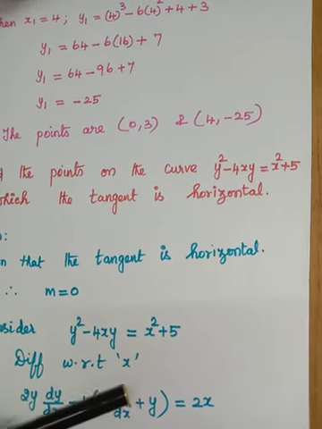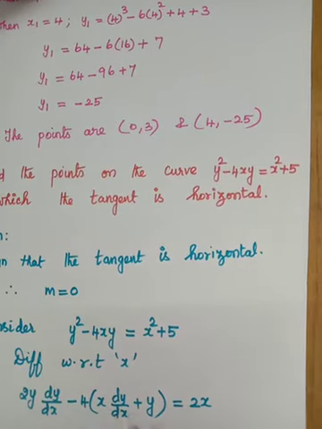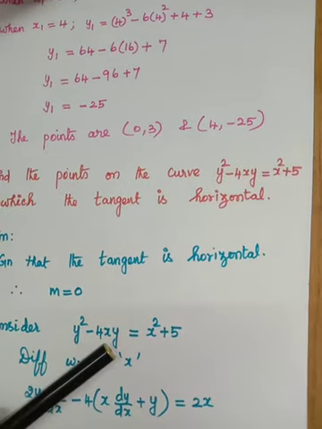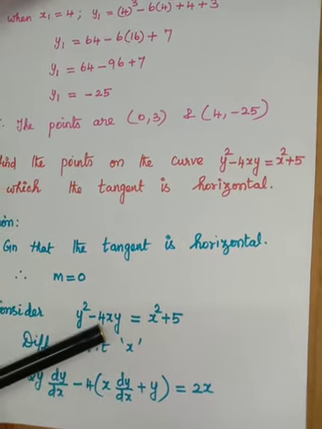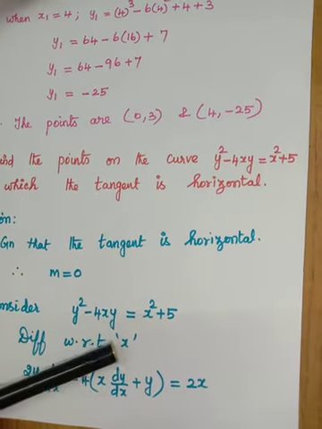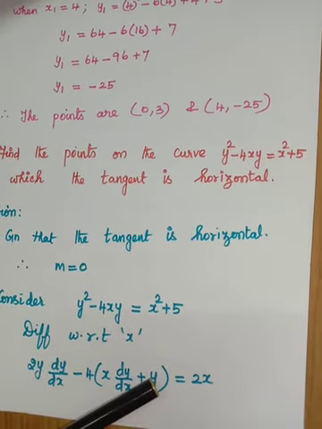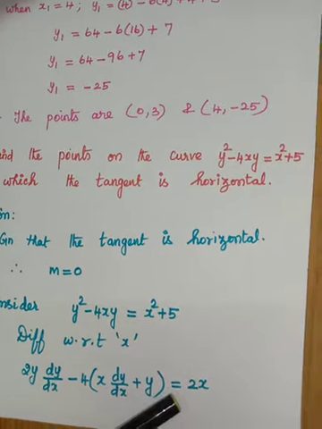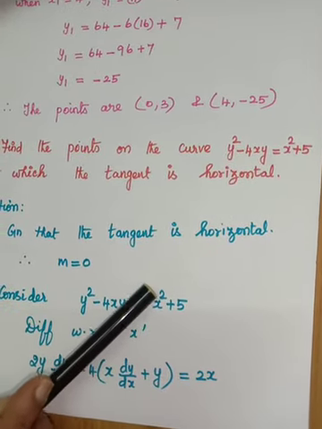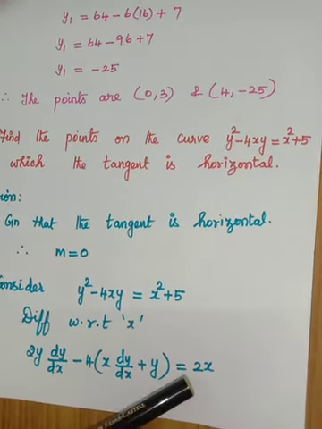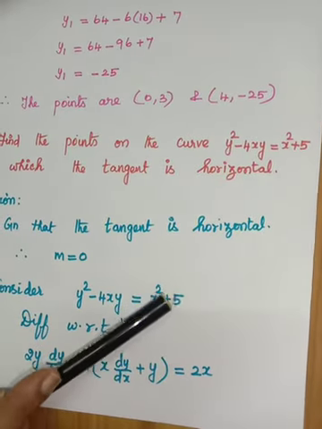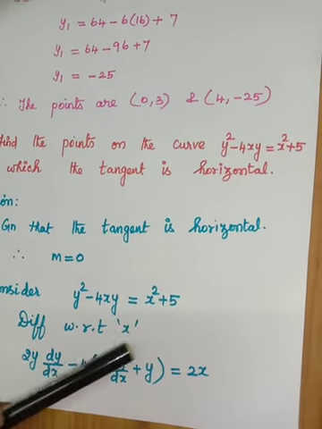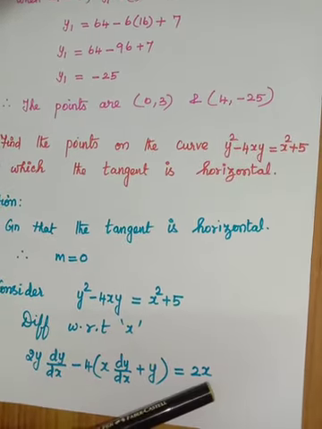So it is denoted as dy by dx, plus take the second variable as it is and differentiate x with respect to x. So that is 1. Okay, which is equal to, come to the right side. The differentiation of x squared with respect to x is 2x and plus 5 is a constant. So the differentiation of 5 with respect to x is 0.